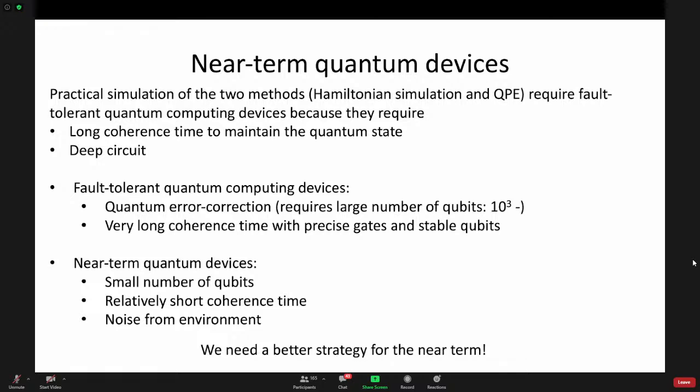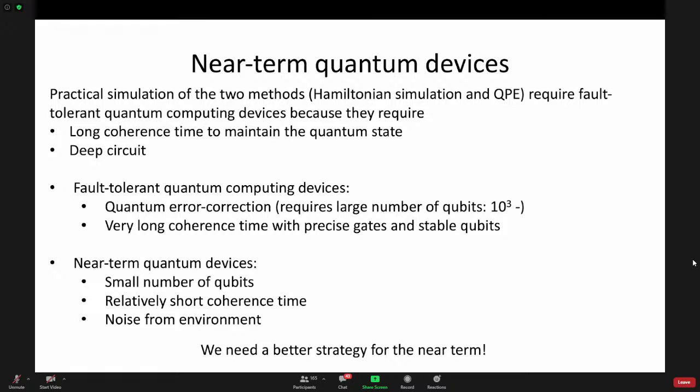However, it's still difficult to do so in the current form of the quantum computer, because the current computer is called a near-term quantum device, which has errors and is not perfect.